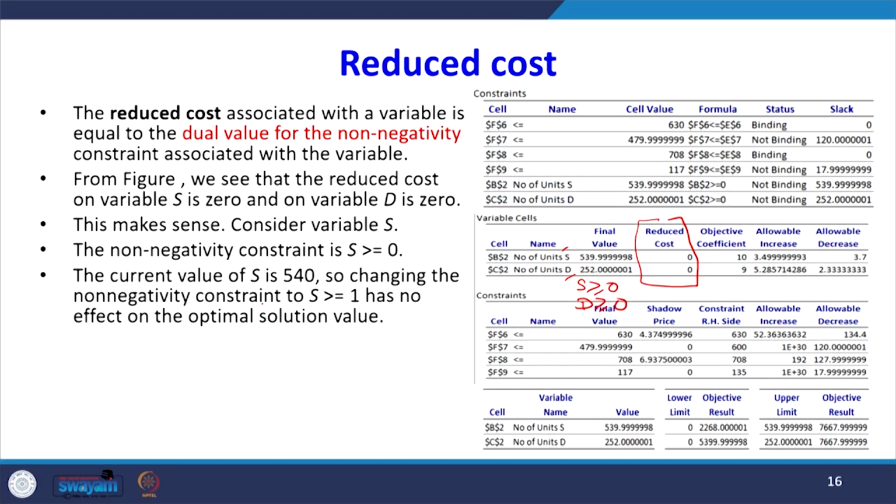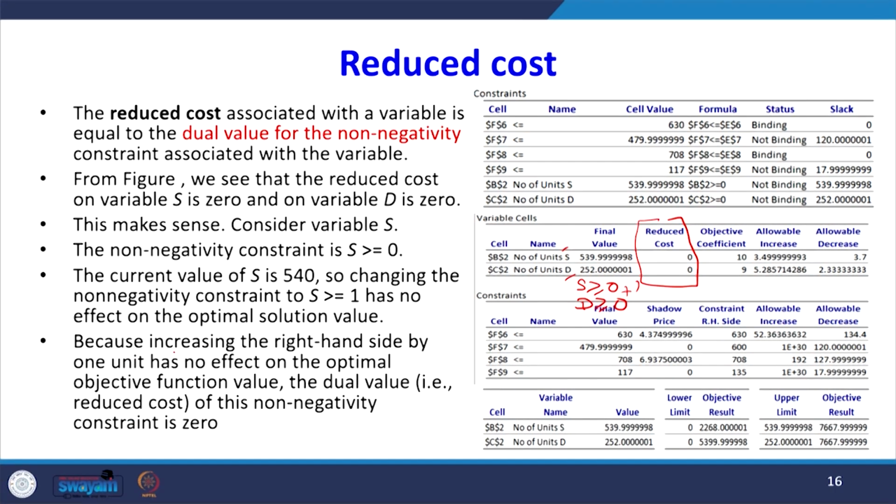So, changing the non-negativity constraint from 0 to 1 has no effect on the optimal solution. Increasing the right hand side by one unit has no effect on the optimal objective function value. That is, the dual value of this non-negativity constraint is 0. Another name for the dual value of the non-negativity constraint is reduced cost.